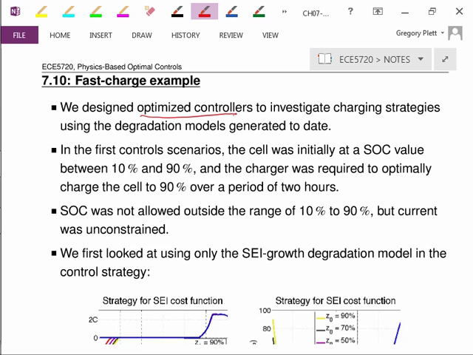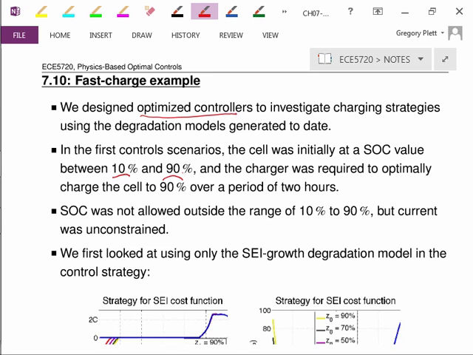The first set of scenarios that we looked at, we initially had a cell that was resting at some state of charge between 10% and 90%. So we looked at 10%, 30, 50, 70, and 90%. Those are the values we've plotted here.